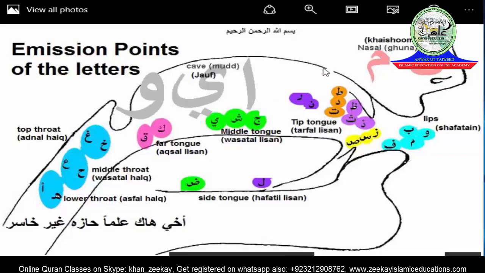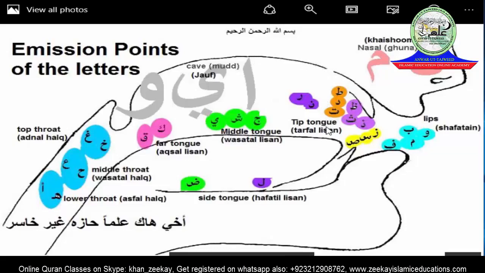Letter ra is pronounced from the part which is in between the rubai and fama. So the part of palate for lam will be almost this part, letter noon will be this part, and letter ra will be this part.